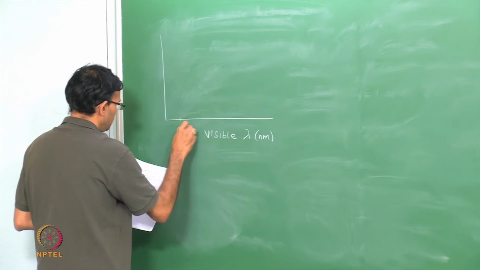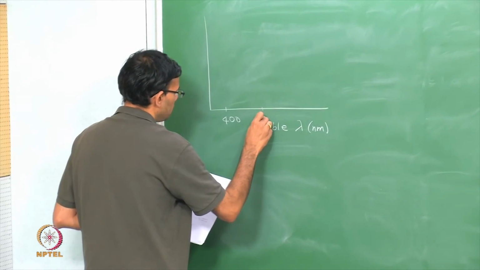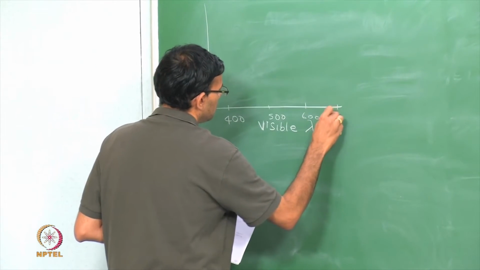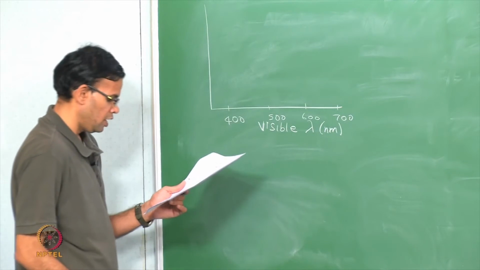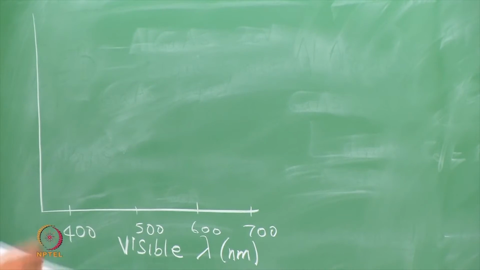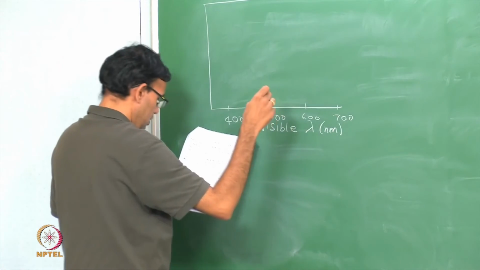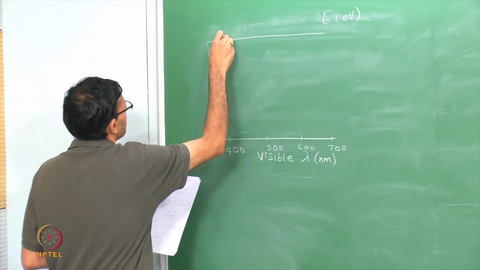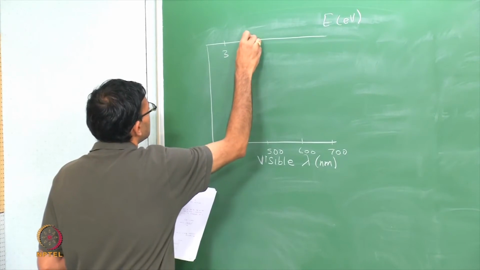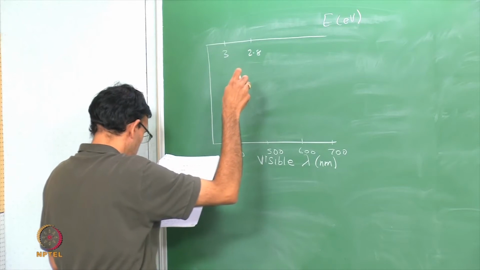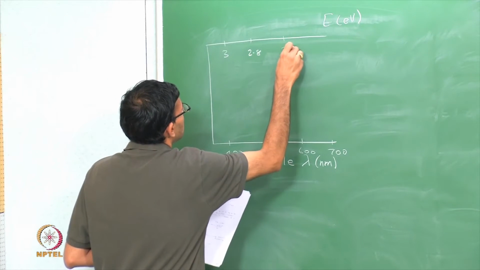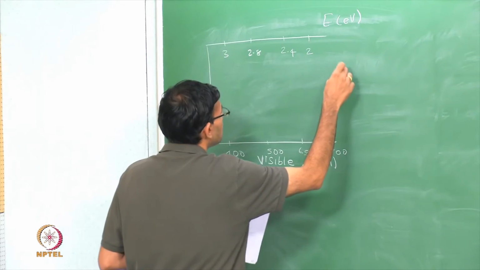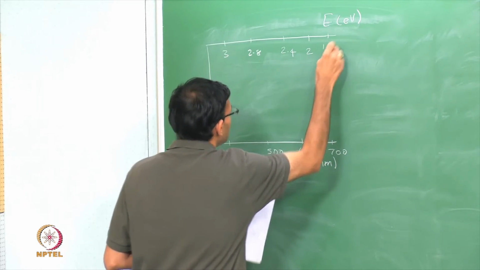This is 400, 500, we also plot the energy. Energy is in electron volts, so somewhere around 3, 2.8, 2.4, 2, 1.8.